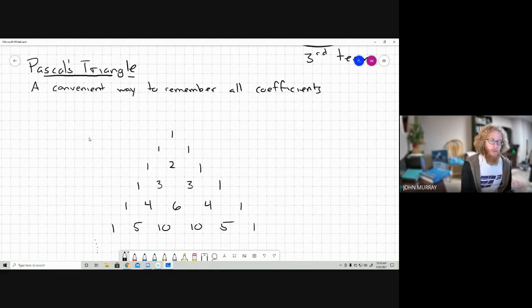Now there's a few general rules. Your outside is always going to be 1. To get the numbers on the inside here, we add up the 2 numbers above it.